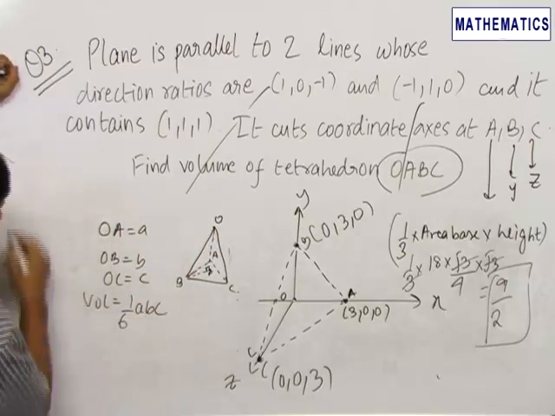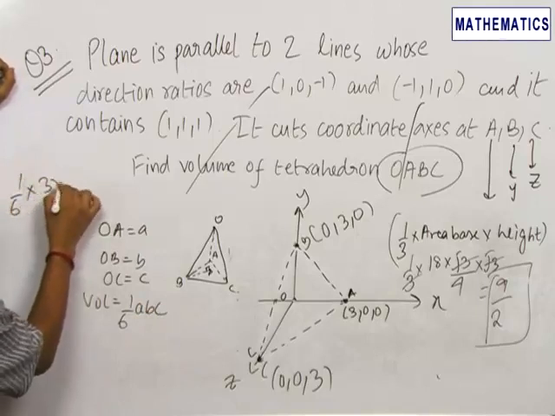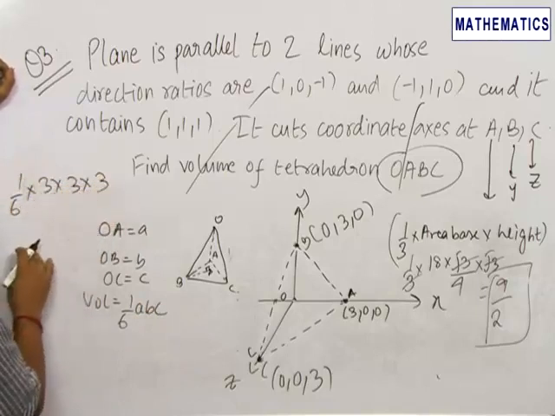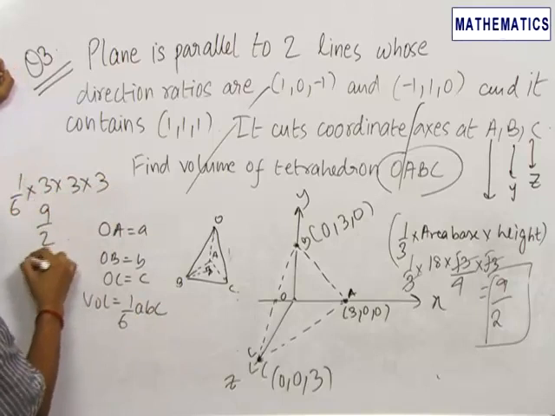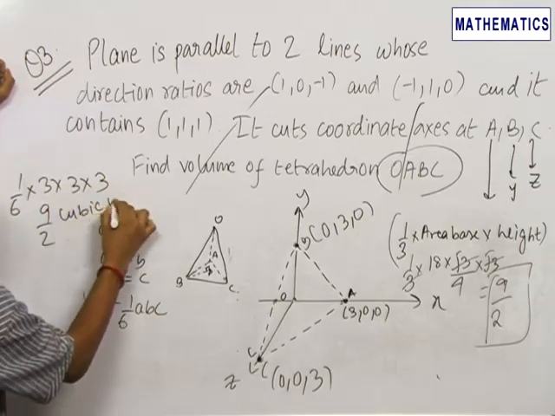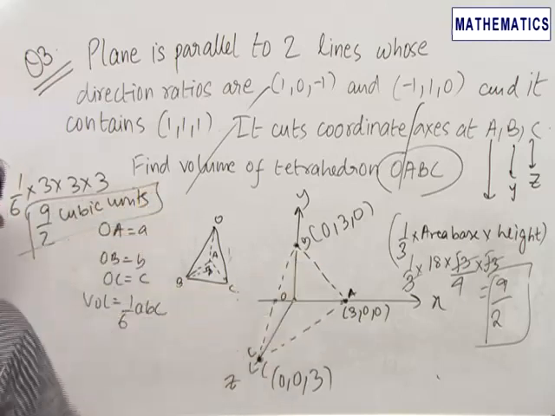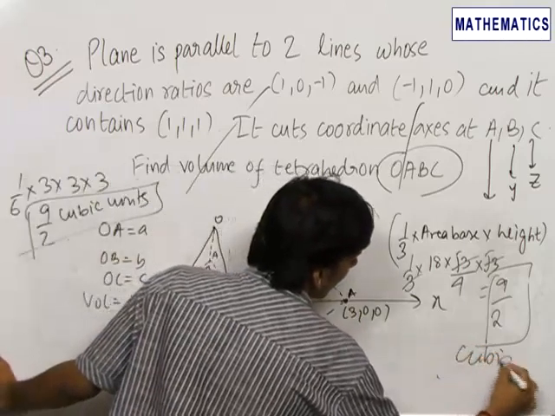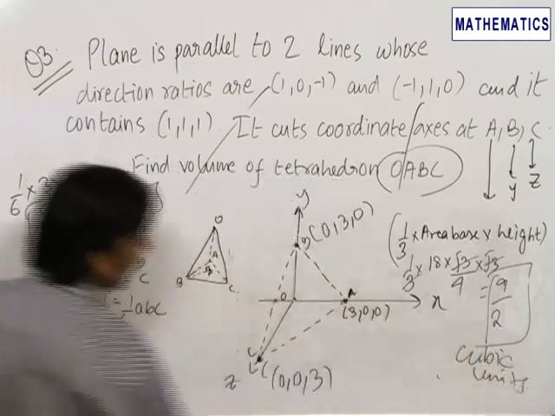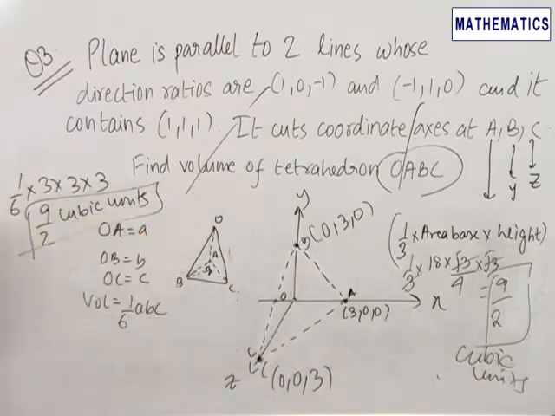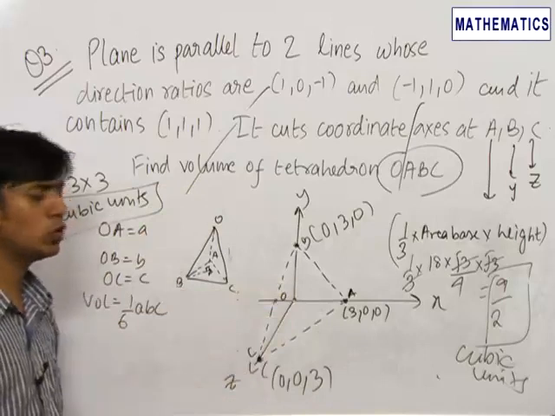So by using this formula also, we get 1 by 6 into 3 into 3 into 3, and we get the answer as 9 upon 2 cubic units, which is the same as the answer we got over here. Therefore our final answer for the volume of the tetrahedron OABC is 9 by 2 cubic units.